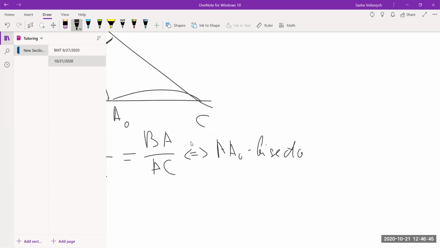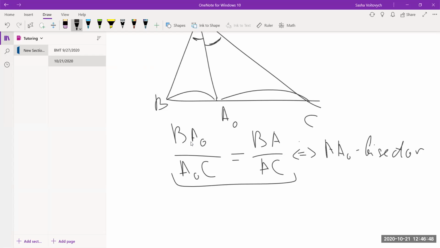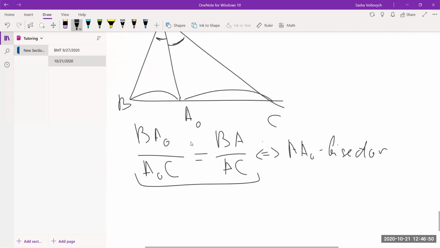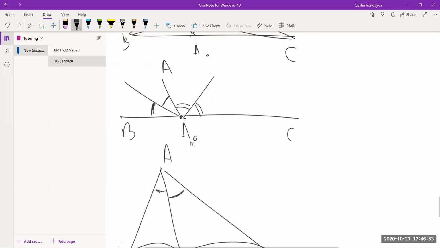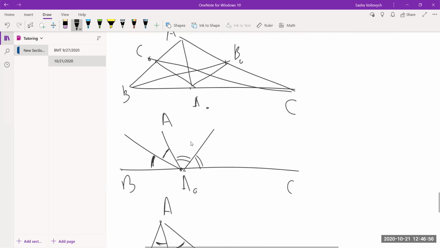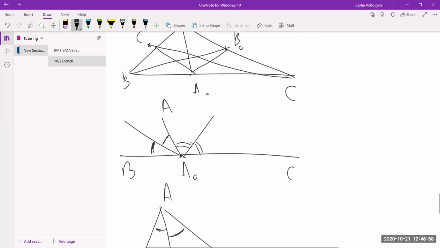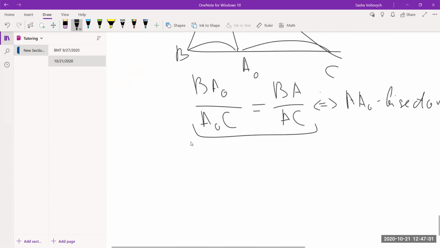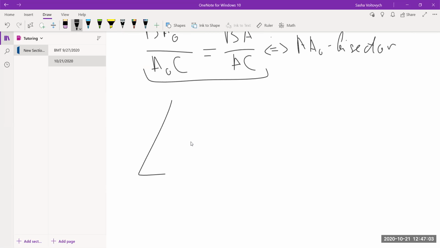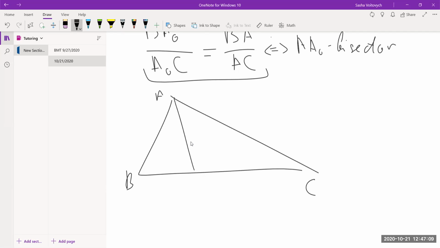So if we prove this is true, then we know that AA0 is a bisector. Okay, so this is what we'll try to prove. This is the condition we'll use. So we already know AA0 is a bisector. Then there is a point C0 on the side, and we aim to show that AC0 is a bisector of this angle.